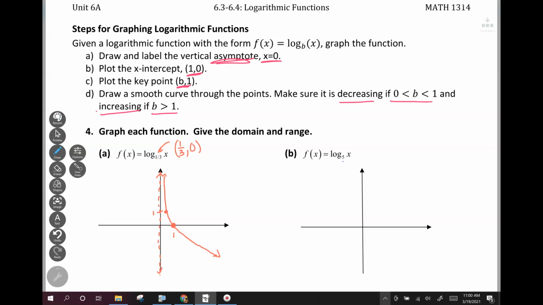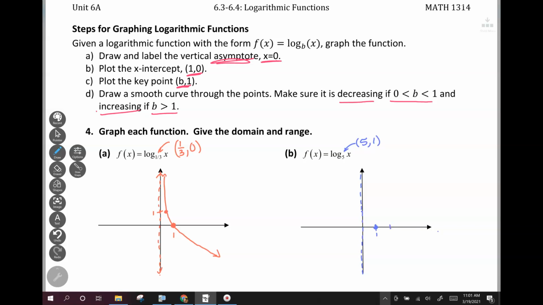All right, on b, we're going to draw the vertical asymptote here. Vertical asymptote, x-intercept at 1. Key point at (b, 1), so our b is 5, so that's going to be (5, 1).